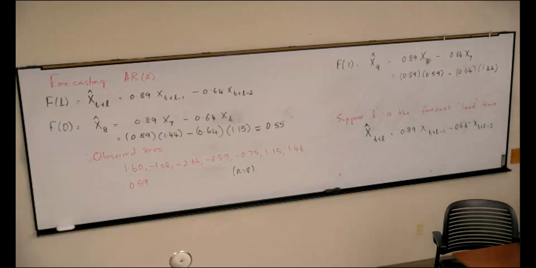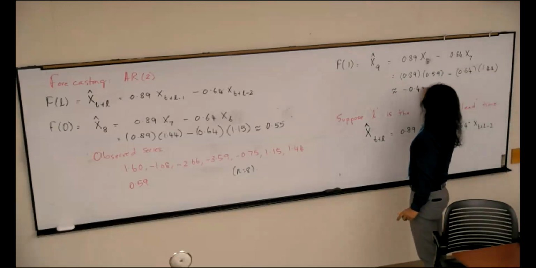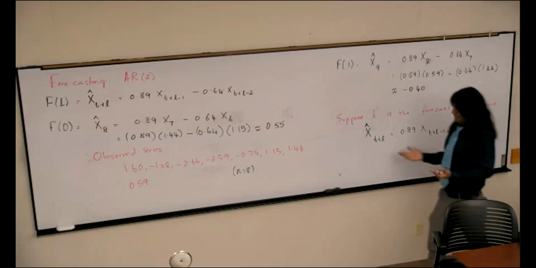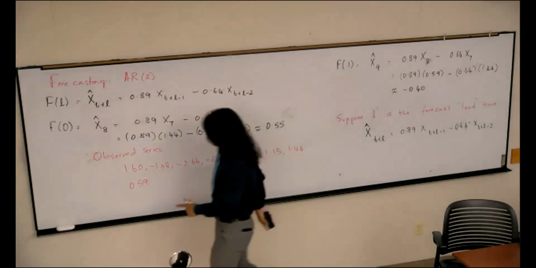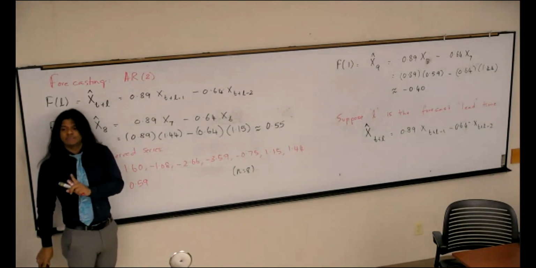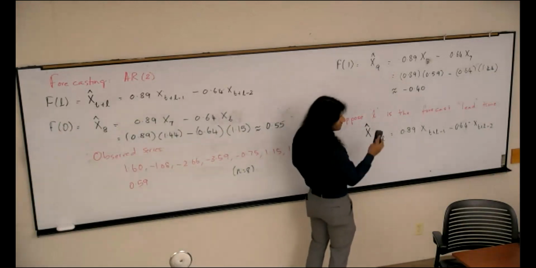What is that value? Approximately negative 0.40. Now, we have no clue as to what that number is, right? So I made my first forecast.